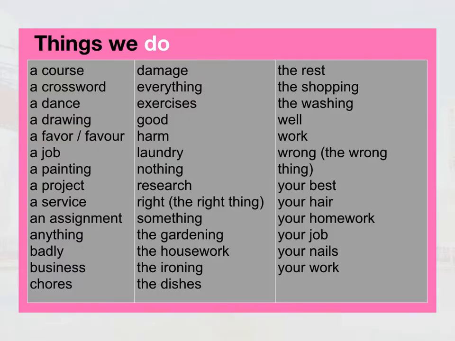All right, a look at things that we do. A course, a crossword, a dance, a drawing, a favor, a job, a painting, a project, a service, an assignment. You do anything badly. Do business. Do chores.